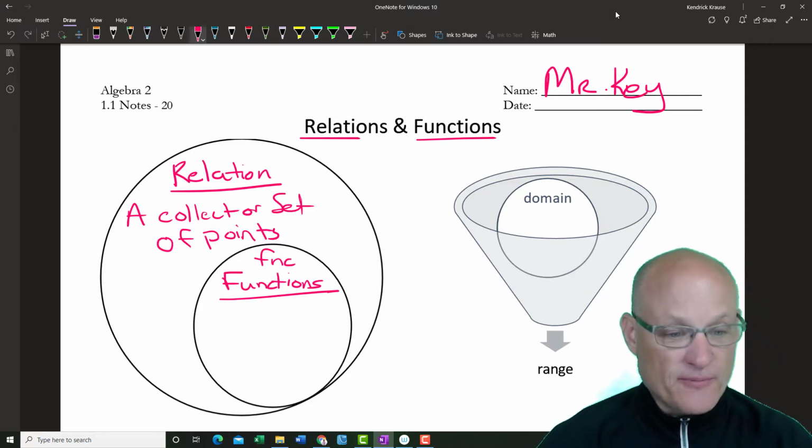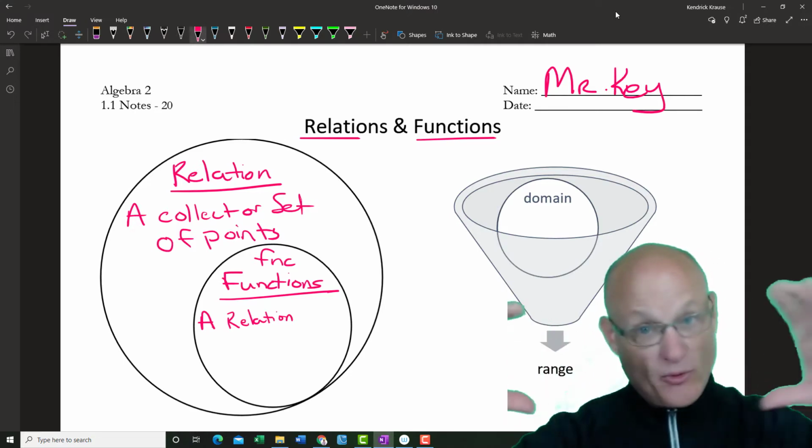All right, function. What you need to know about a function, first of all, is that it is a relation. That should make sense because it's a small circle within a big circle.